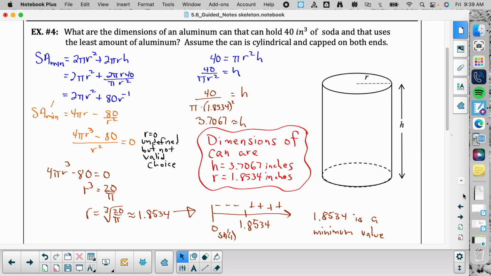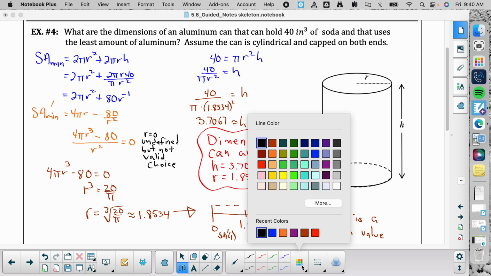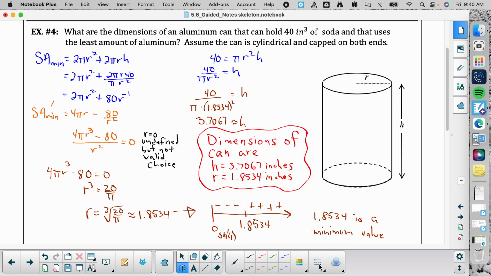And then on the bottom, I had to find out and test. Oh, I forgot to write my other test number. I tested 1 and 10 to make my number line.